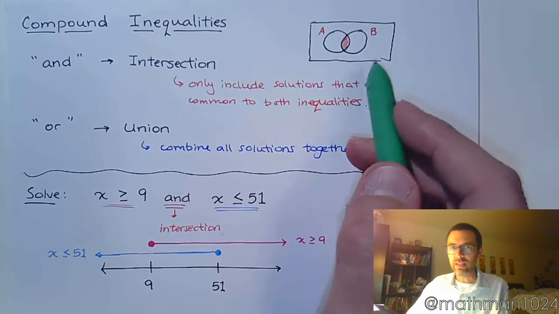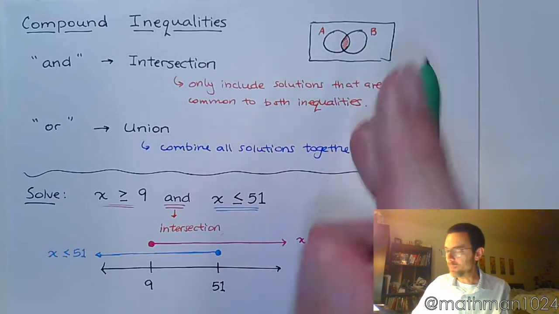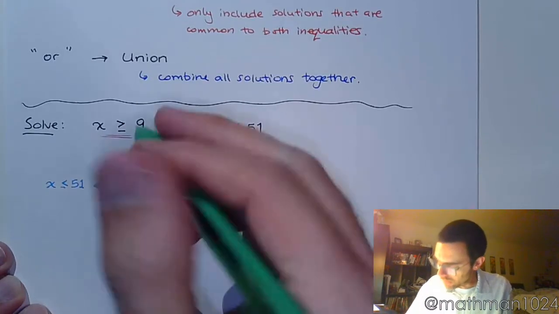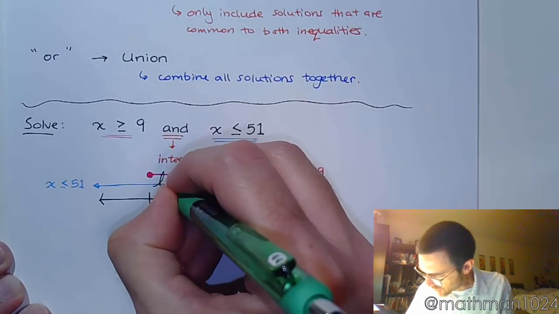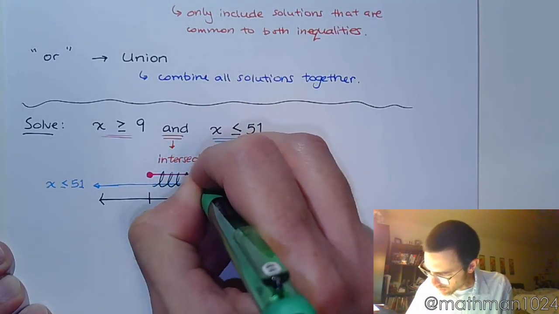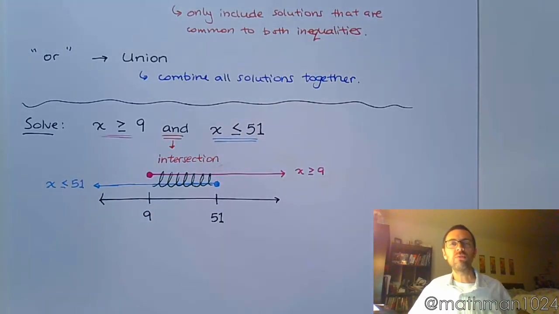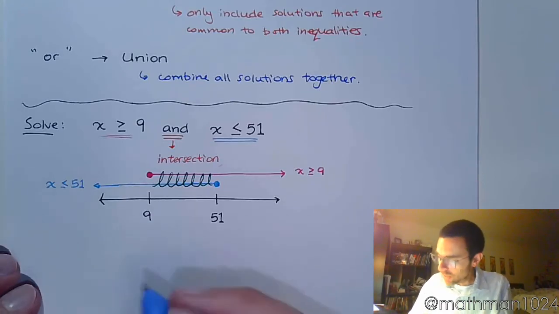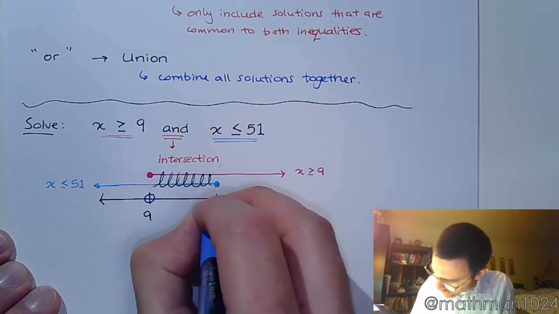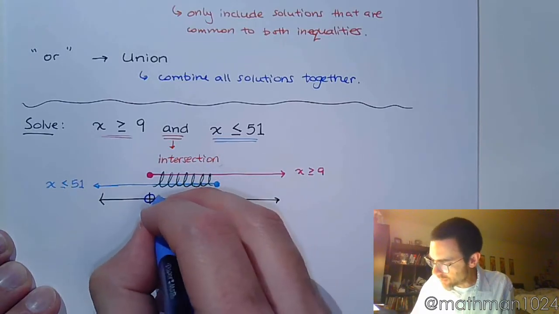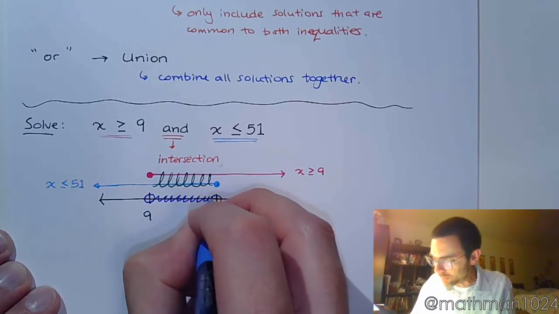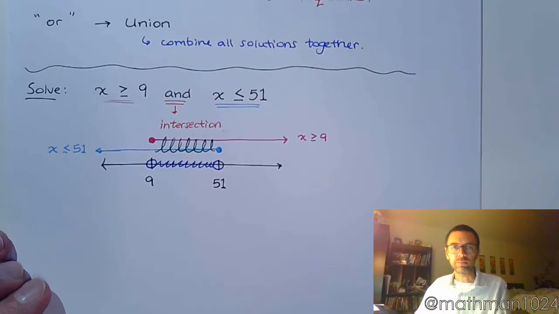Where is that intersection, like what we have right here? Well, the intersection is going to be this section where they have shared values. And so it's that region in between 9 and 51 that they have in common. And what about the endpoints?